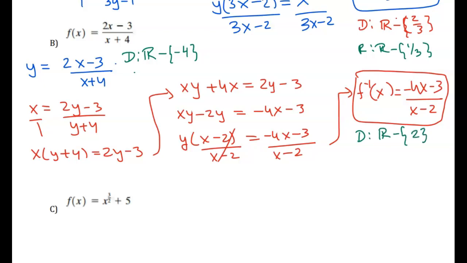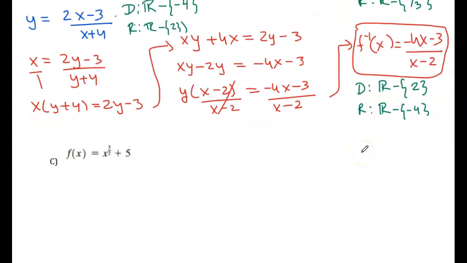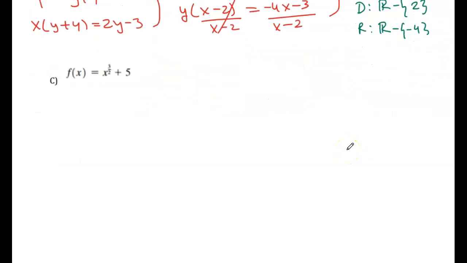And then for the range, you switch them. Okay, so the range here is this domain. And the range of this one is this domain. Right? So that's the definition of an inverse, is you're taking the original function and you're switching x's and y's, replacing x's with y's, which means you're replacing the domain with the range, and vice versa.